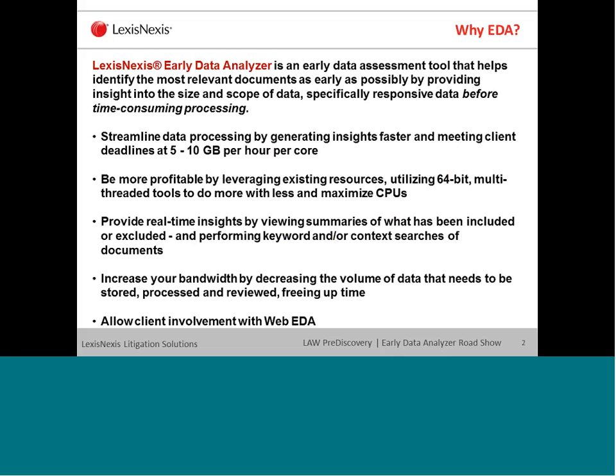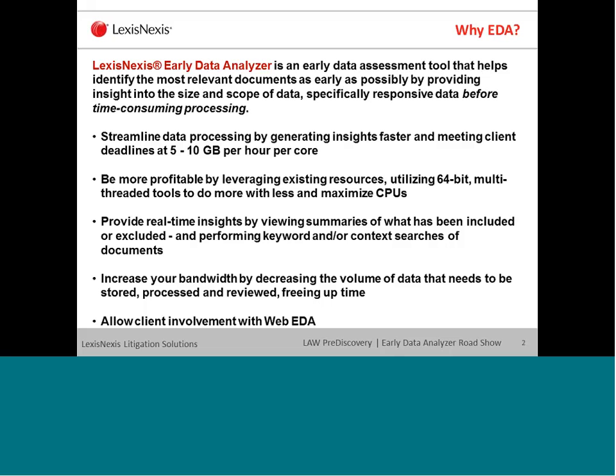We're looking at about 5 to 10 gigabytes per core. So if you compare that to what Law Pre-Discovery can do, we're looking at about 6 times faster speed pushing it through Early Data Analyzer. The next big piece is allowing you to be more profitable by leveraging some of your existing resources.